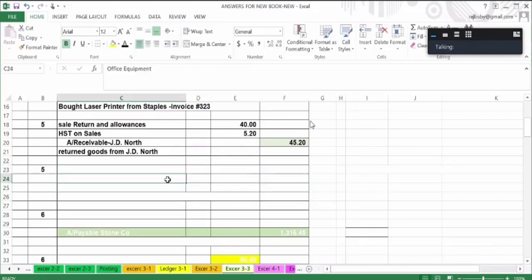Accounts payable is going to be debit, and credit is office equipment and HST.